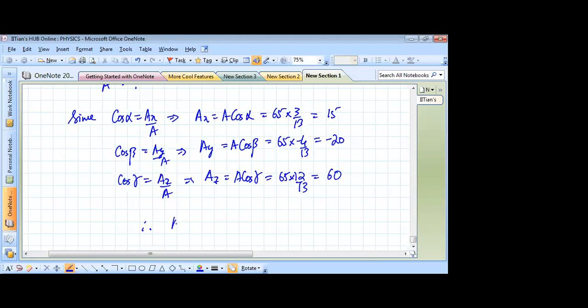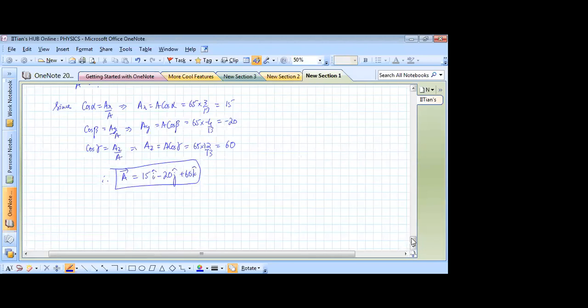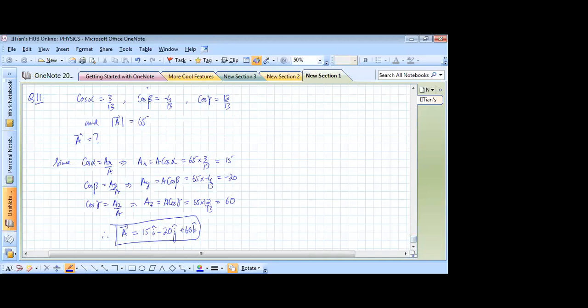So the vector E can be expressed in component form as 15 i cap minus 20 j cap plus 60 k cap. So this particular vector will have the properties, that is, direction cosines 3 by 13, minus 4 by 13 and 12 by 13, and its magnitude will be 65. Okay, so finish writing this and next move on to the 12th question. We'll discuss that next.